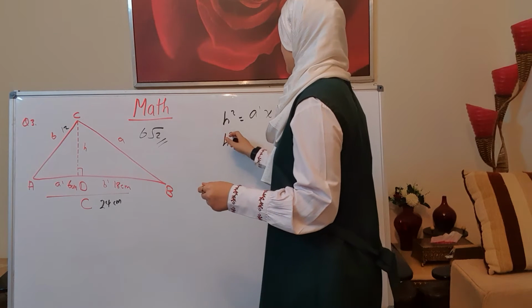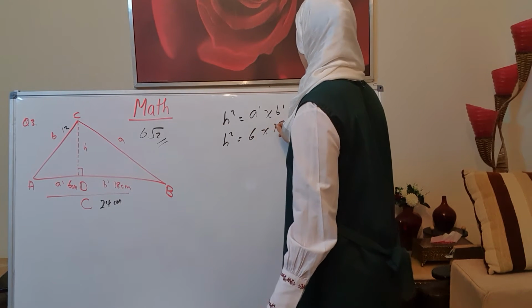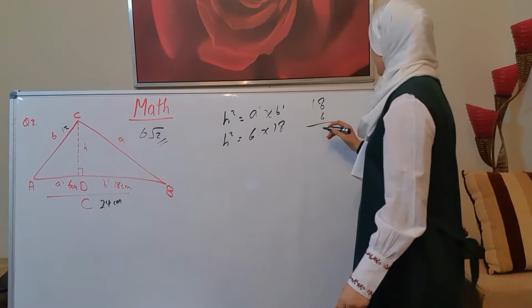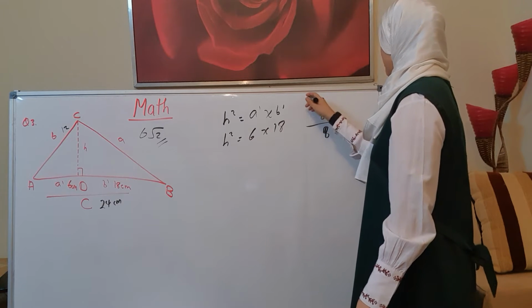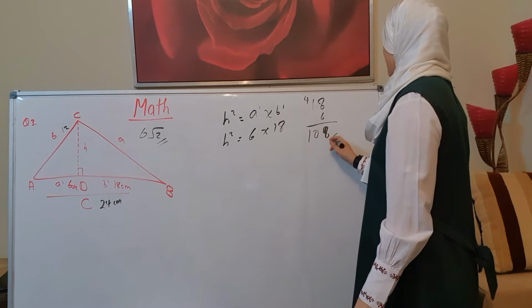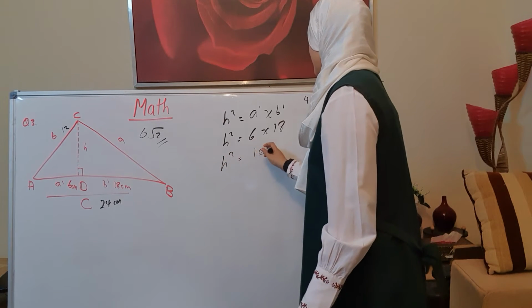That means H squared is equal to 6 times 18, which is 108. So H squared is equal to 108.